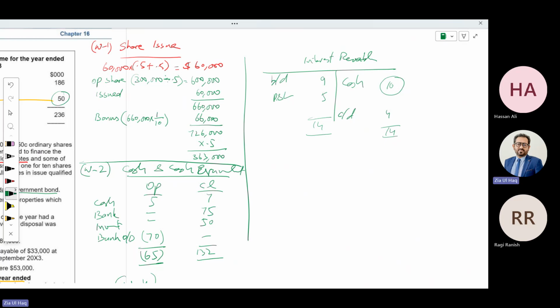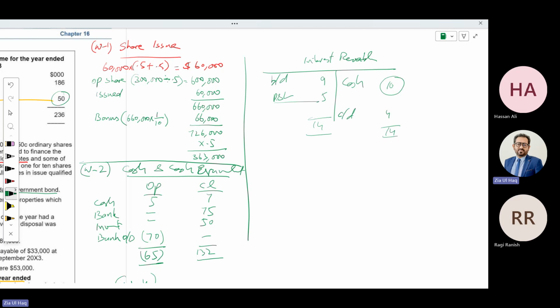The company made an investment; where should it be recorded? Is the cash receiving or going? In P&L, we don't record cash, we record income.